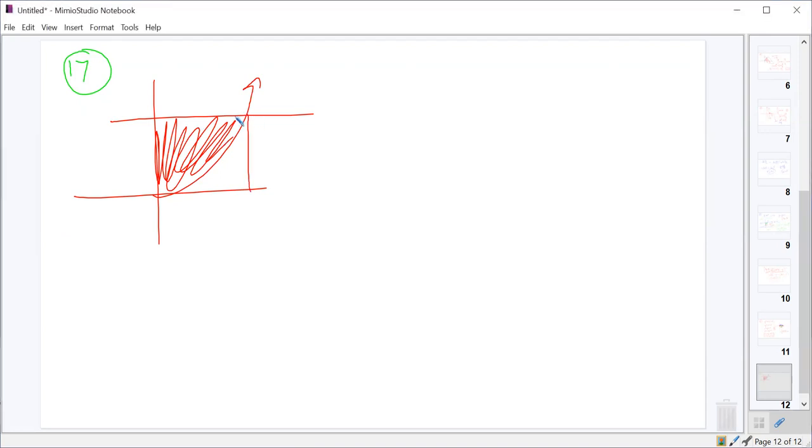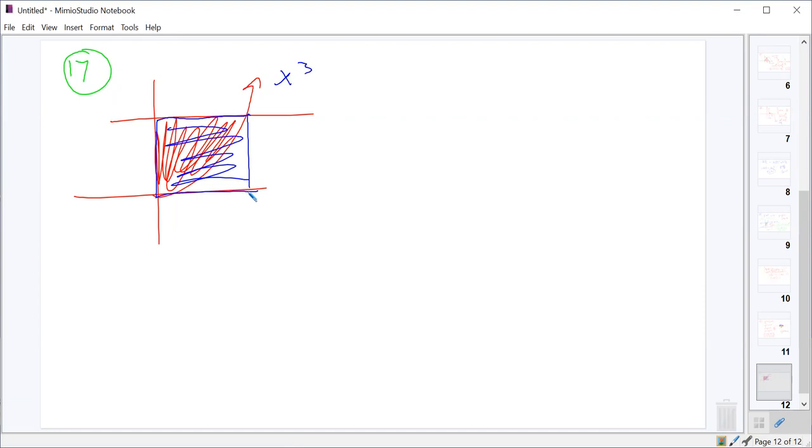Plus we've got the area of this rectangle. And we want to know what's the ratio of the area of the rectangle to the shaded part above the cubic. So we're looking for the ratio of the blue to the just red. We know this is y equals x cubed.